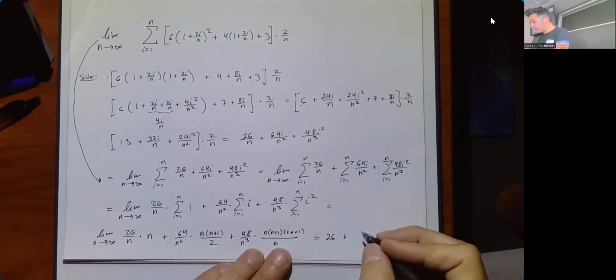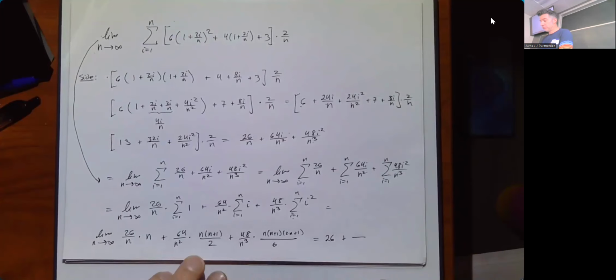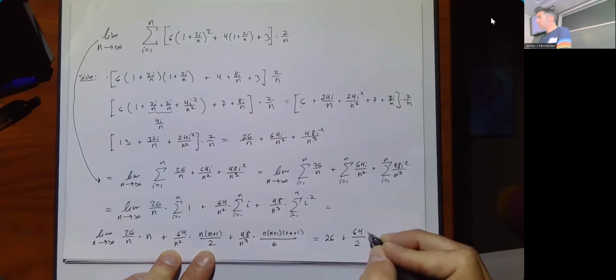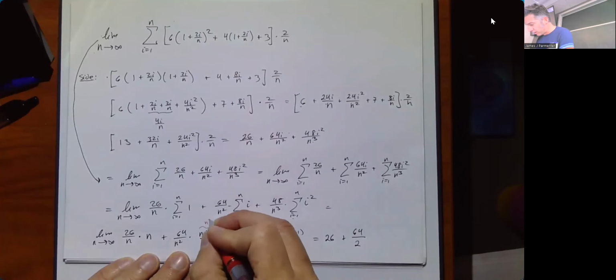What's the coefficient of n squared on the bottom, if you multiply it out? 2. What's the coefficient of n squared on the top if you multiply the whole thing out? 64, right? Because this here is really n squared plus n.